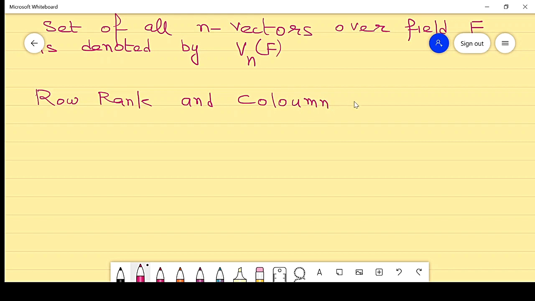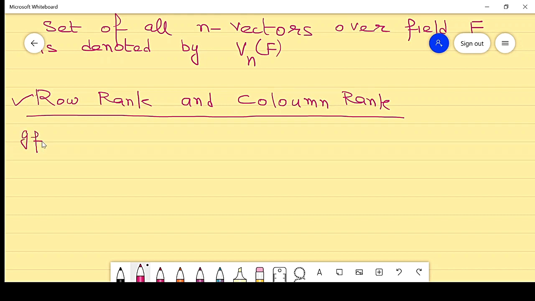So what is a row rank and what is a column rank? Just understand the definition. If A is any m cross n matrix, suppose it is an m cross n matrix.